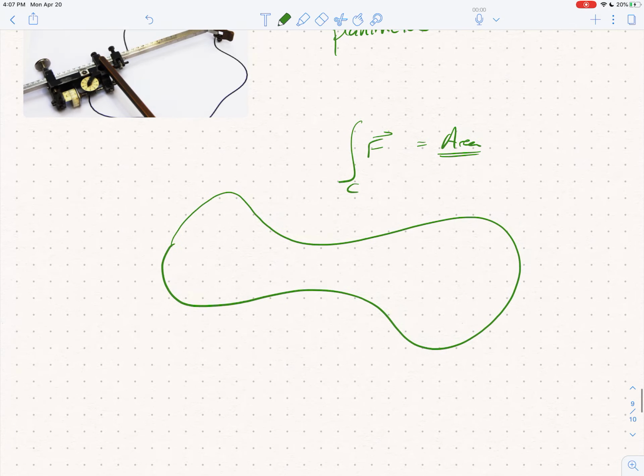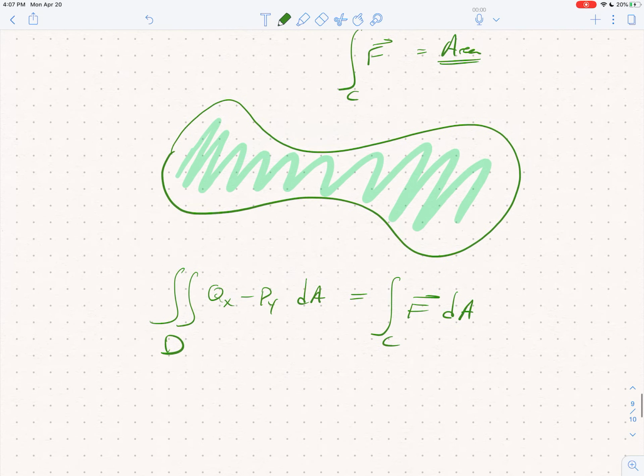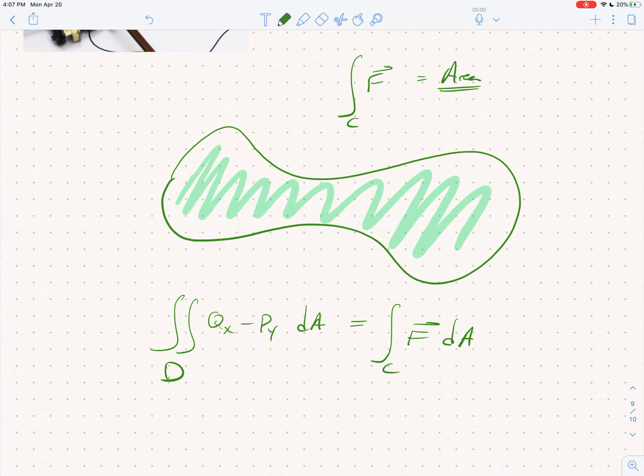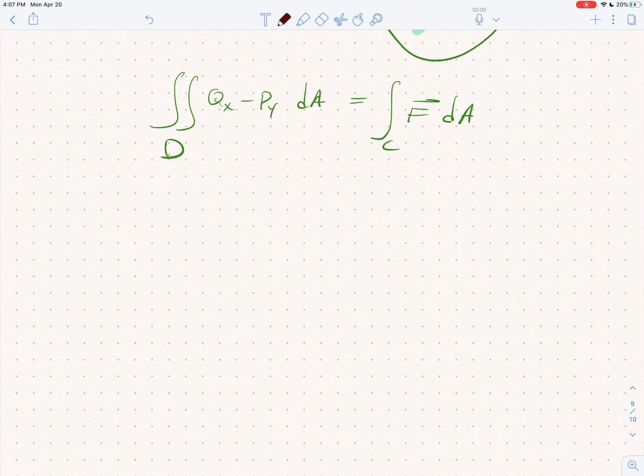One more thing, notice that we're able to go the other way now. Let's think about the double integral of Q partial x minus P partial y dA over D. So now I'm going to think about double integrating over the inside, and I'm able to change that to an integral entirely over the boundary. And that's an interesting idea that you've actually already seen before back in Calc 1, and I want to show you why really quickly.